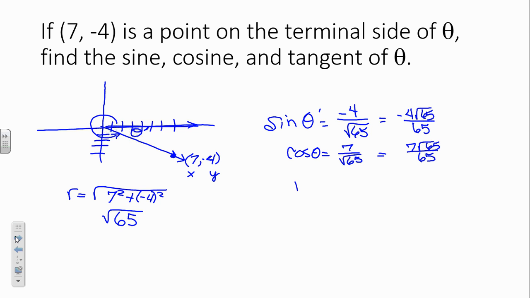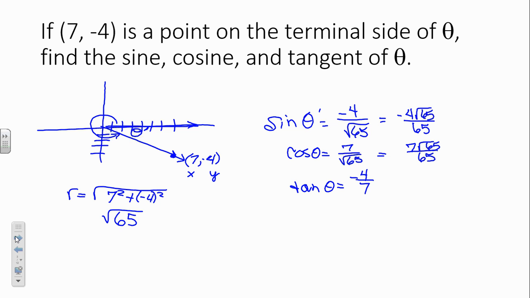So the tangent of theta is going to be negative 4 over 7. So questions on this one? Okay. So that's no big gap, no big giant leap here. It's just that we have to find out what r is first. It's not going to be an understood 1. It's not a unit circle.